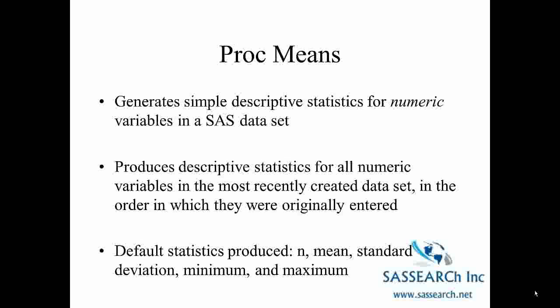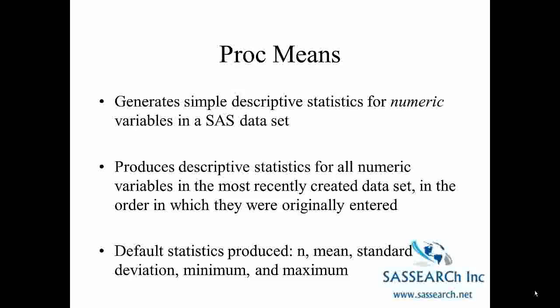PROC means is used to generate simple descriptive statistics for numeric variables in your SAS dataset. It produces descriptive statistics for all numeric variables in the most recently created dataset in the order in which they were originally entered.